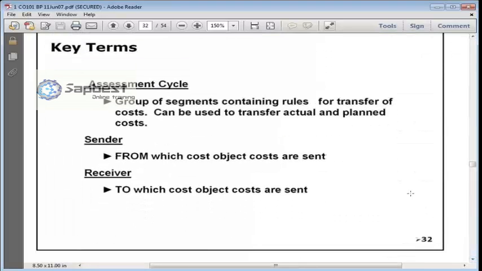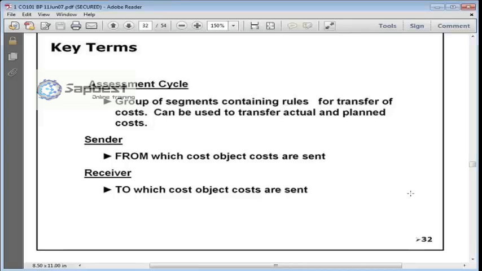And always in the CO there is something called the assessment cycle. Assessment cycle is always a group of segments, means which group are you trying to run, is it G&A, is it sales and marketing, and you do the assessment, means you're transferring the costs, reposting it from the cost object to the receiving cost object. Assessment cycles.